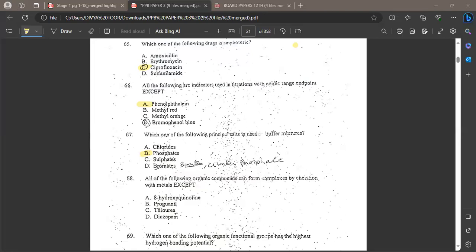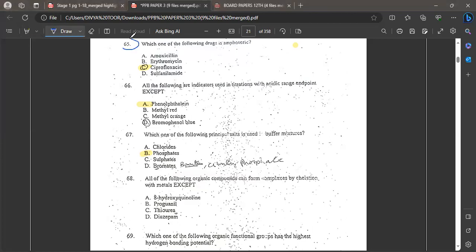That question is a bit tricky because I saw somewhere that even amoxicillin has amphoteric property. Just mark that question. I'll also just mark this one. Okay, there was one that we were supposed to mark anyway.